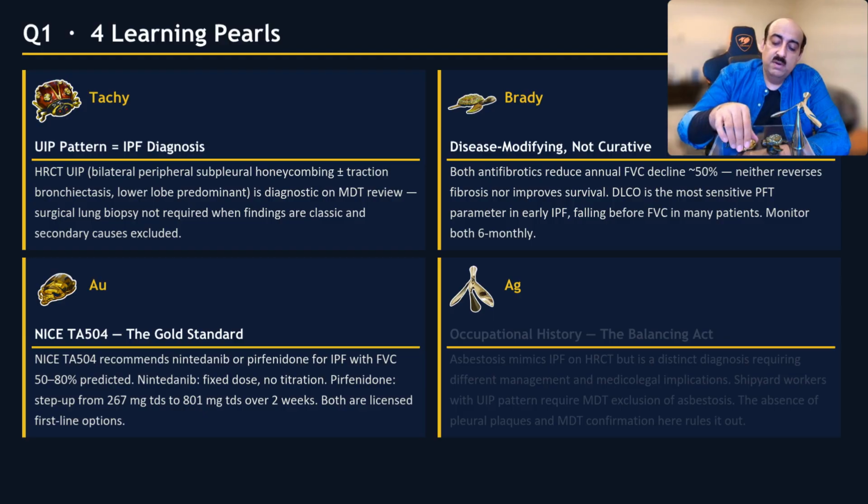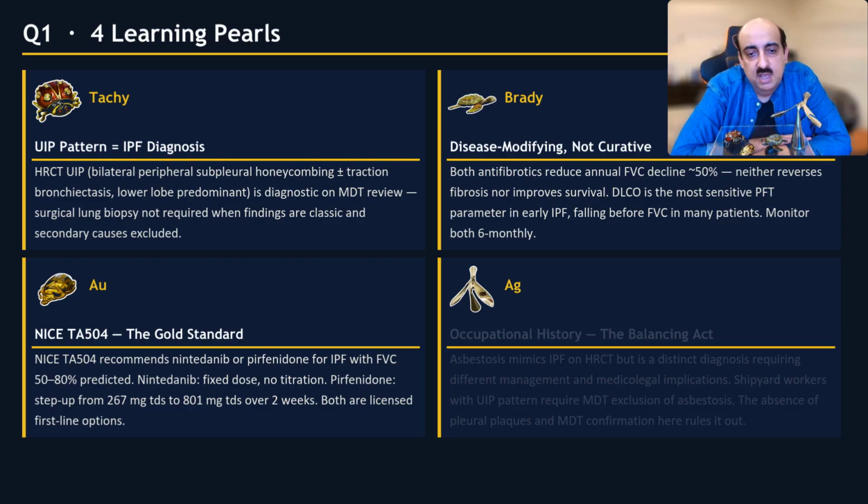And thirdly, our AU, Aurum Gold Standard, is our NICE technology appraisal guideline 504 on the use of Nintedanib, which recommends both Nintedanib and Pirfenidone can be used for IPF with a FVC of 50 to 80% predicted. Like in our patient, it was 62%.